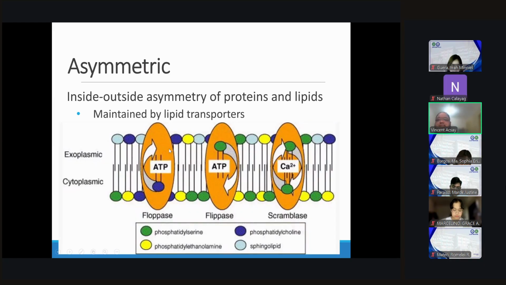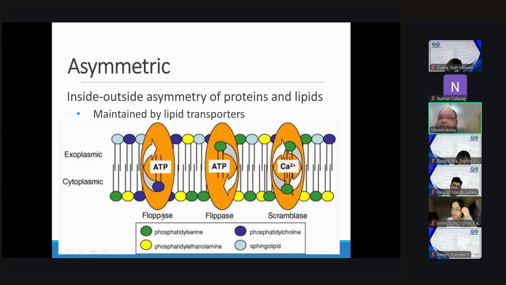And then this asymmetry is maintained by lipid transporters. So when we see that they're asymmetric, they can be moved from inside to outside or outside to inside, but they require transporters to do so.